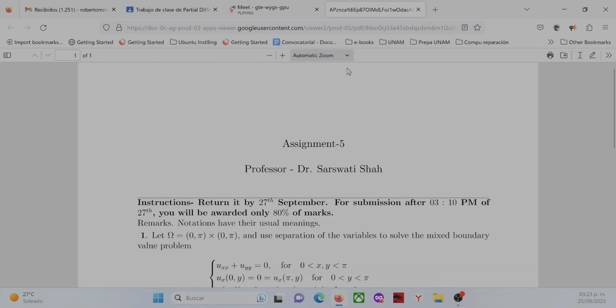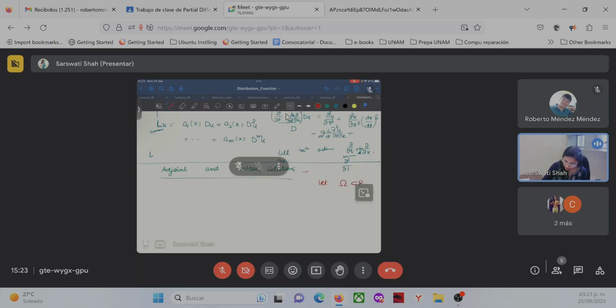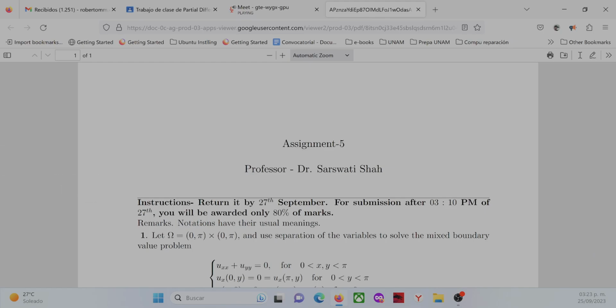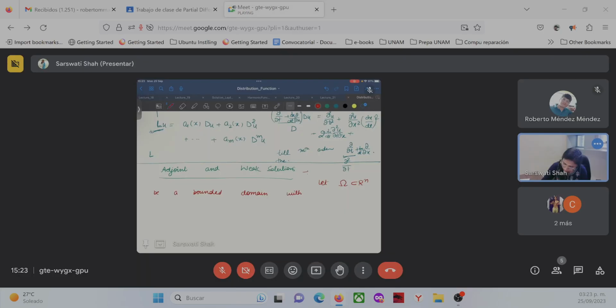Let omega be a domain in n-dimensional space, and suppose this is a bounded domain with piecewise C1 boundary, meaning the function defined in this domain is defined on the boundary and its first order derivative is continuous.